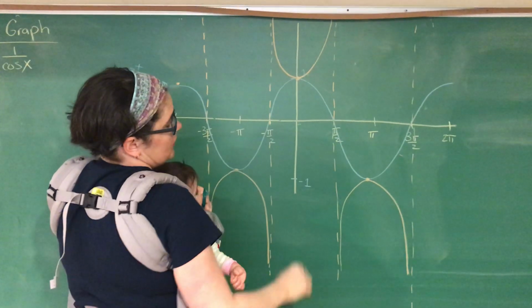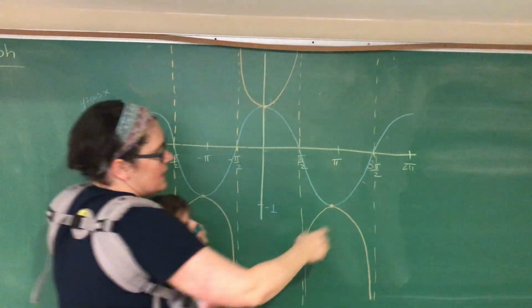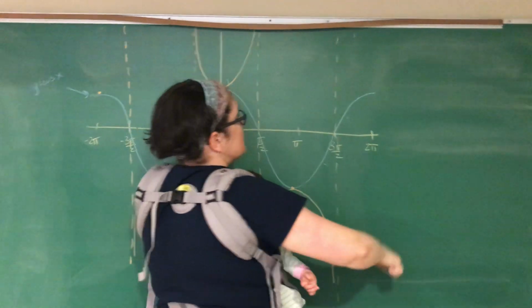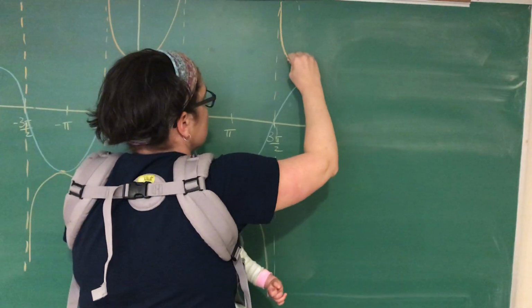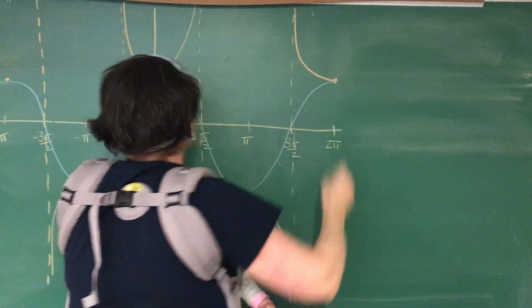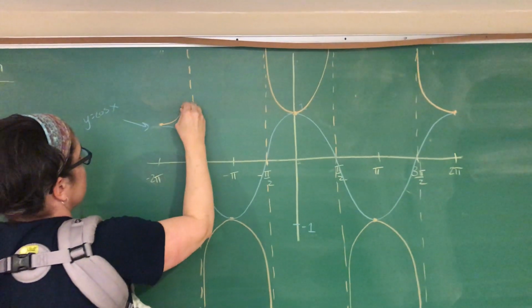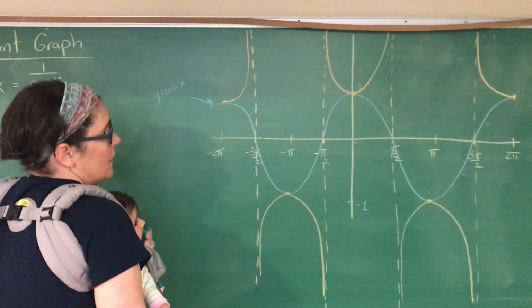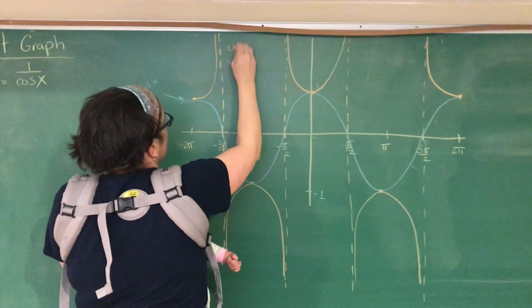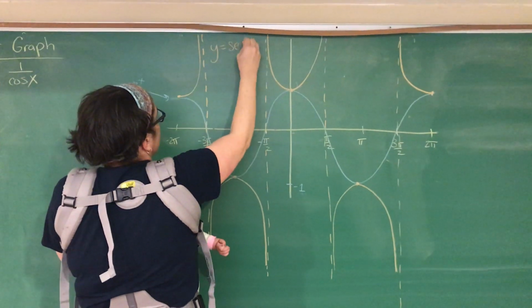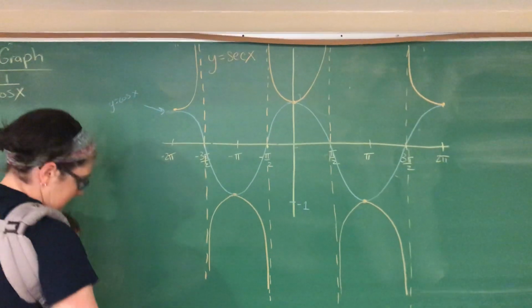One upward facing U in the middle, and then here we get half of an upward facing U. And we have half of an upward facing U over here on the left. And so what we have graphed now is the graph of y equals secant x.